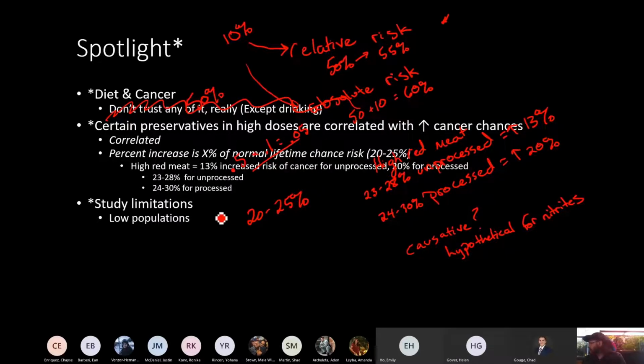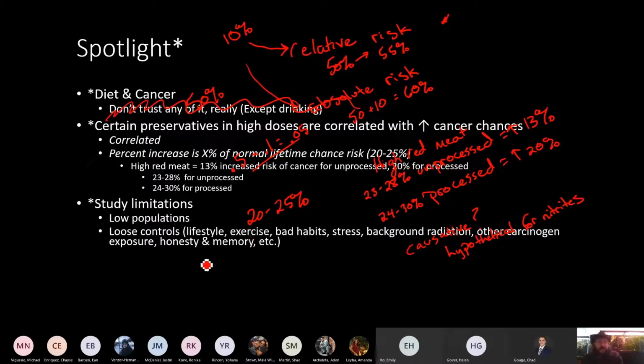And then in order to make the studies more reflective, they even have to throw out more things, so they make sure that they're not overrepresenting one group versus another. So they often have relatively loose controls. What that means is people self-report all this stuff, right?